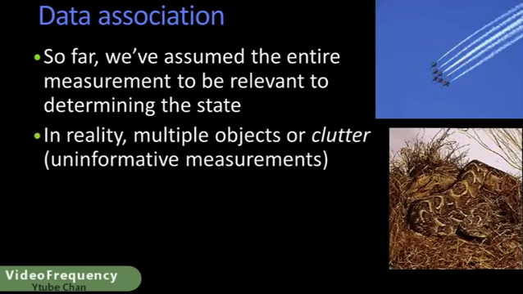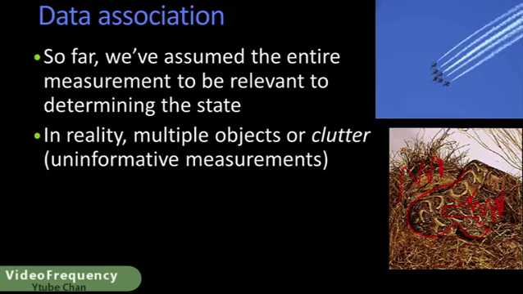Or there can be what's known as clutter. Clutter means there's a lot of stuff in the environment that has nothing to do with me. By the way, the clutter is the basis of camouflage. So when you take a look at this rattlesnake whose contour you can just barely see here, there's all this other stuff that has nothing to do with it being a snake. So it confuses your visual system. Fortunately, when the snake starts to move, if the brush is not moving also, then you can do the association differently.